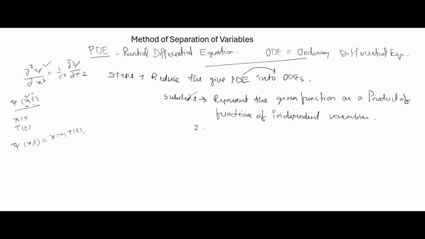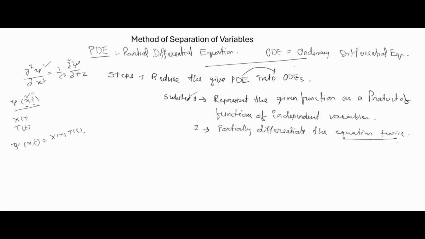Then substep number 2 tells that after representing this, we have to partially differentiate the equation twice.